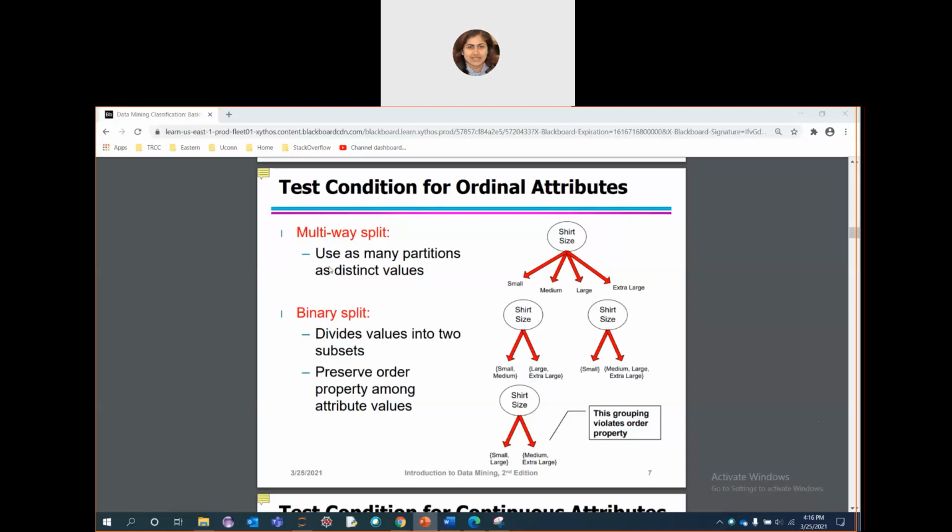The figure here illustrates various ways of splitting the records based on a shirt size attribute. So we have an attribute named shirt size. It can be small, medium, large, extra large, different sizes. So the grouping is shown in the figure.